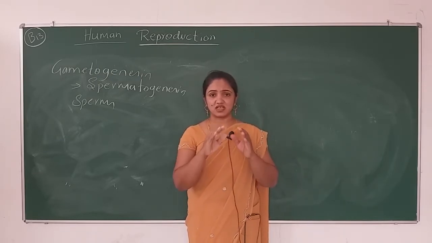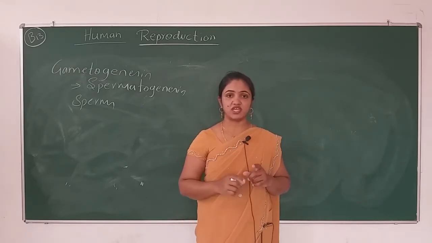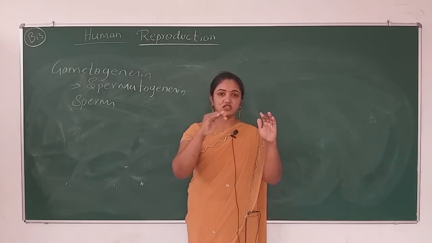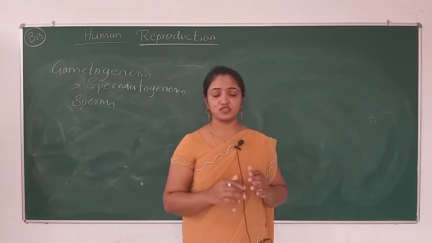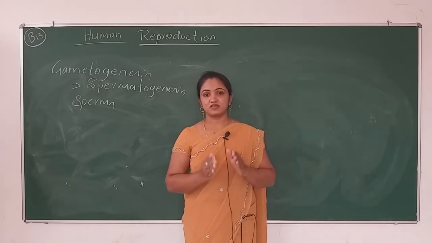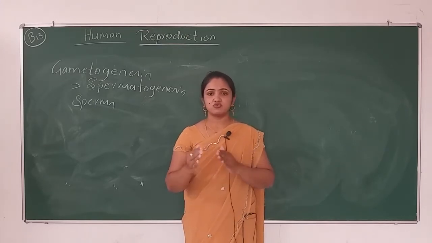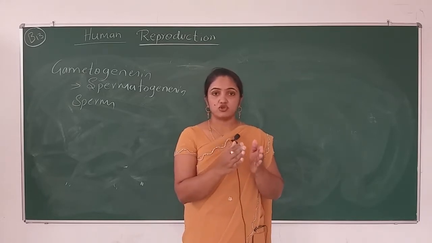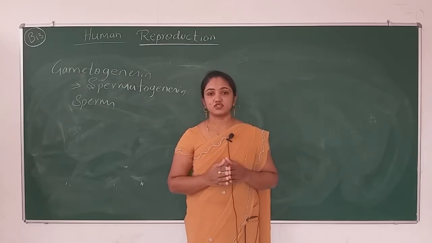The testis is covered by a thick tissue called tunica albuginea. When it infolds inside the testis, it forms compartments known as testicular lobules. 200 to 250 testicular lobules are present in one testis, and each lobule comprises 2 to 3 seminiferous tubules.